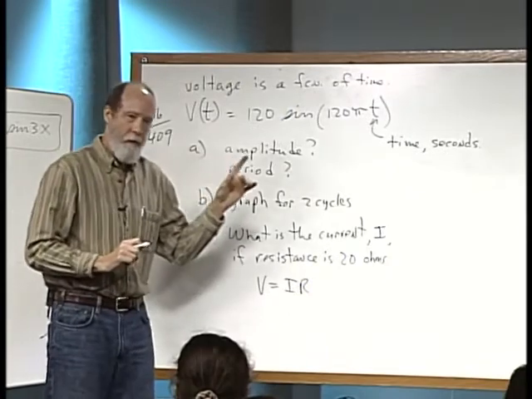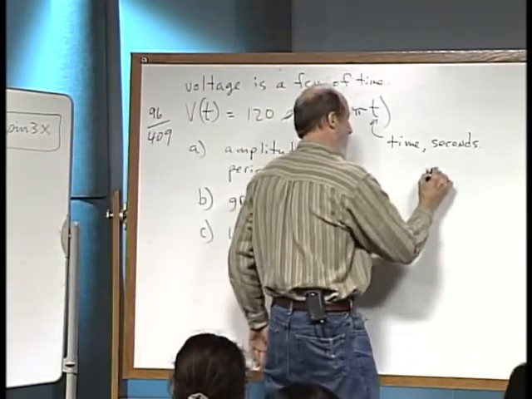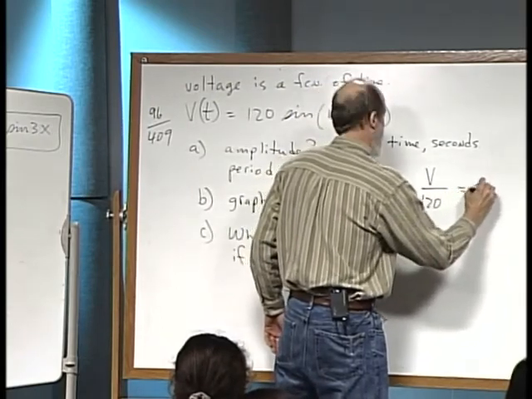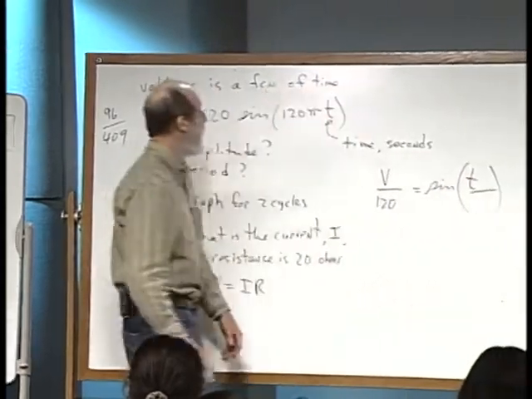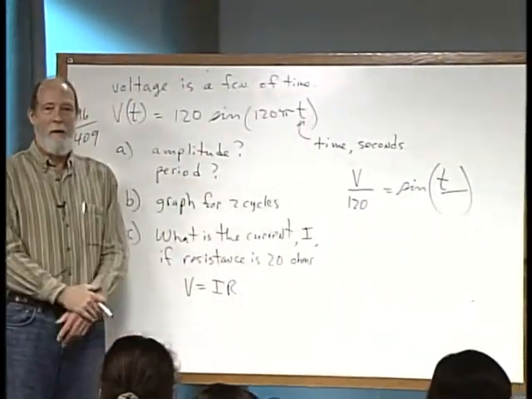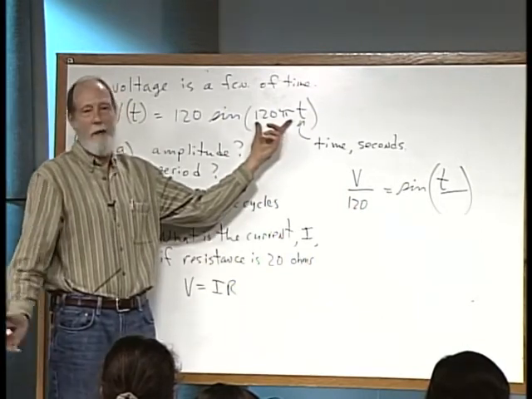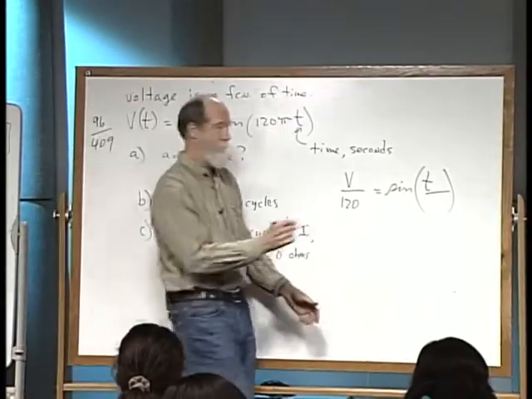So I want to set this up just like I did the previous sinusoid model. So we would have our voltage divided by our 120, and we're going to write the sine as time divided by what? It's just a number, like the 3 we had previously. 1 over 120 pi.